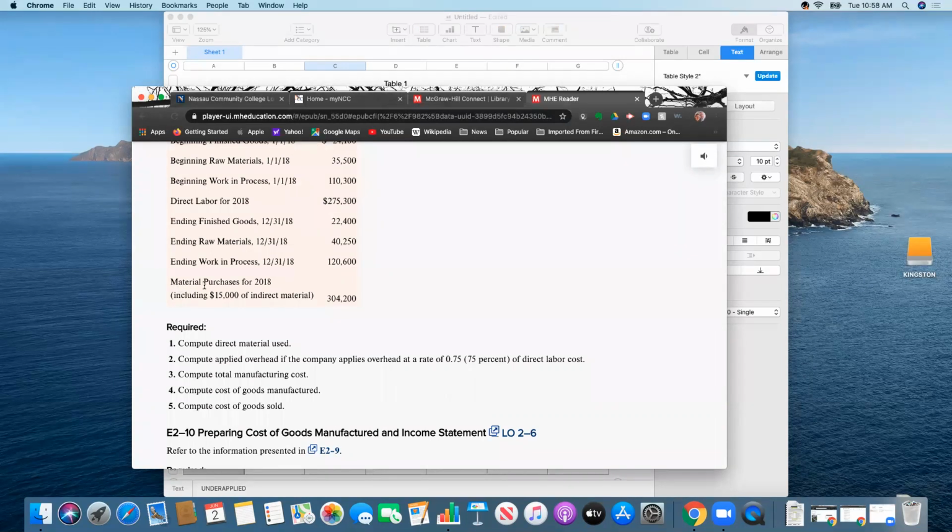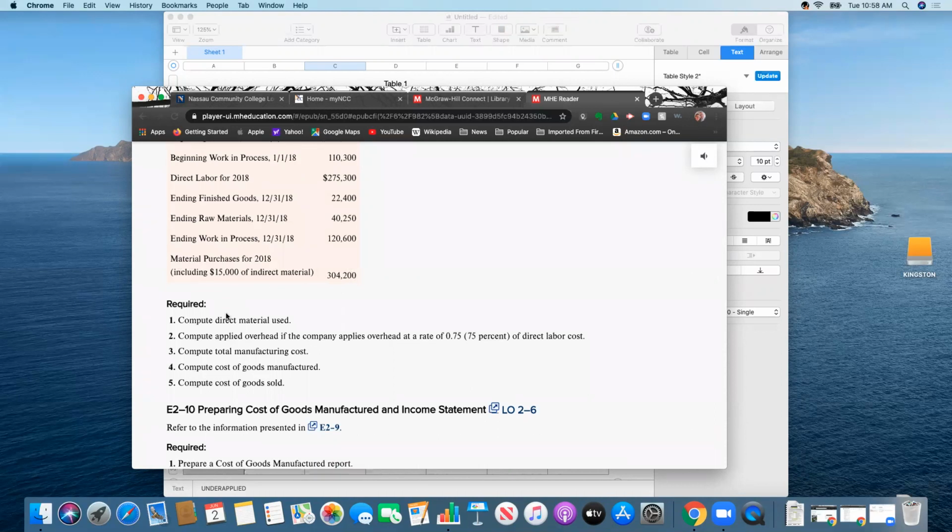They tell you materials were purchased in 2018, 304,200, but included in that 304,200 is 15,000 of indirect materials. Remember, indirect materials are overhead, they're not direct materials. So compute the direct materials used, compute the applied overhead, compute total manufacturing cost, compute cost of goods manufactured, oh gosh, right? Compute the cost of goods sold.